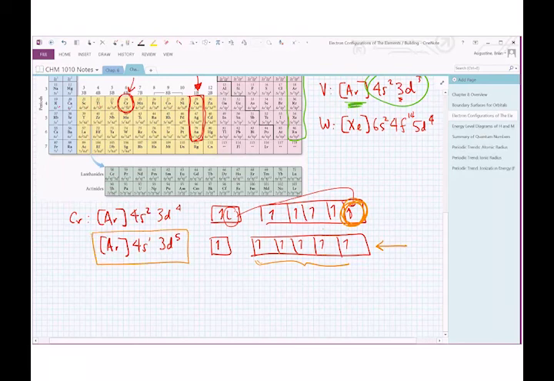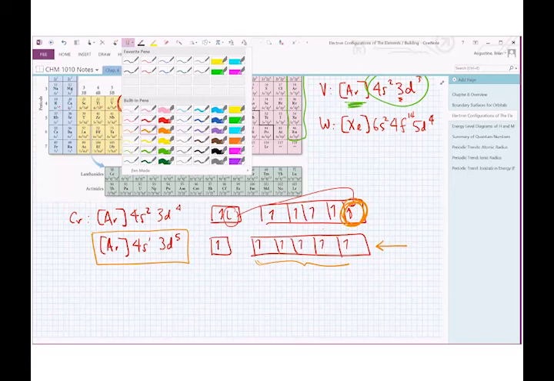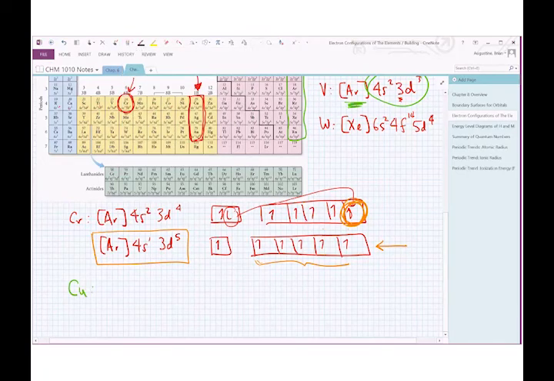Let's take a look at copper. Copper has an argon core. We anticipate it to be 4s2, 3d9. That's what we anticipate the electron configuration to be.